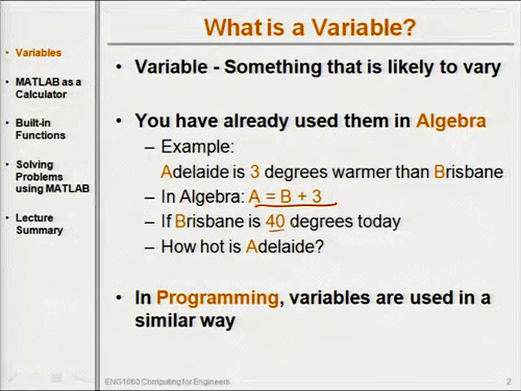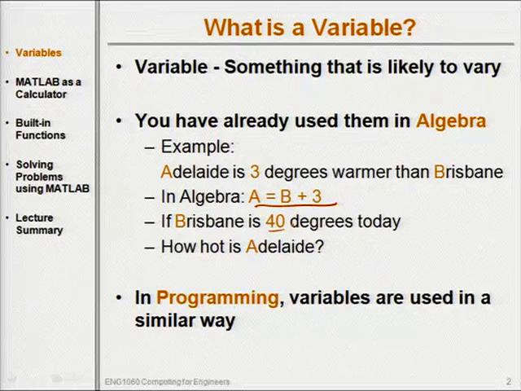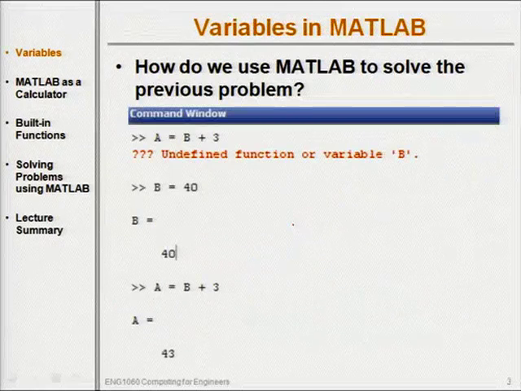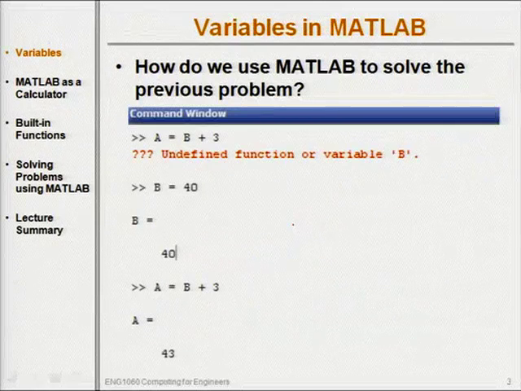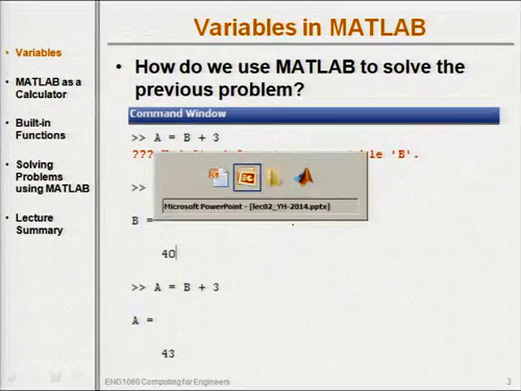They store information. Here we have two variables. One of them is storing the temperature in Brisbane, and the other is storing the temperature in Adelaide. And you can see how the variable can actually vary. You can change the temperature of Brisbane, and it will automatically change Adelaide. So if you run that in MATLAB, we'll just demo that quickly here.